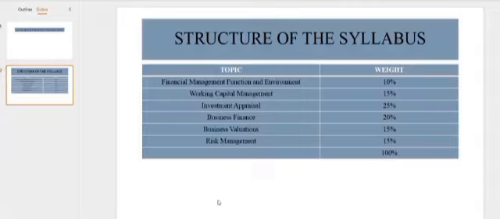How do we evaluate projects? We evaluate projects using different tools, such as NPV, internal rate of return, that is IRR, and also payback period and the accounting rate of return.